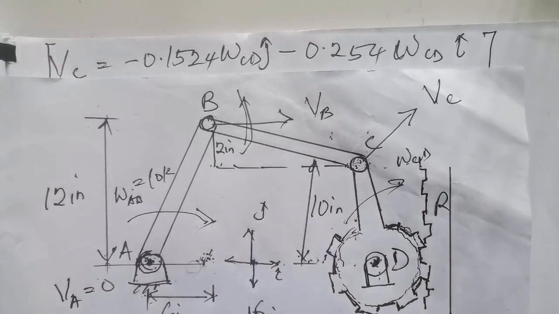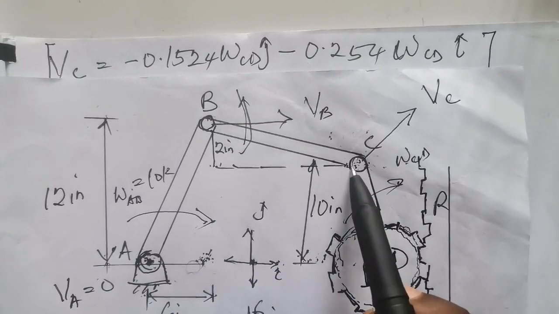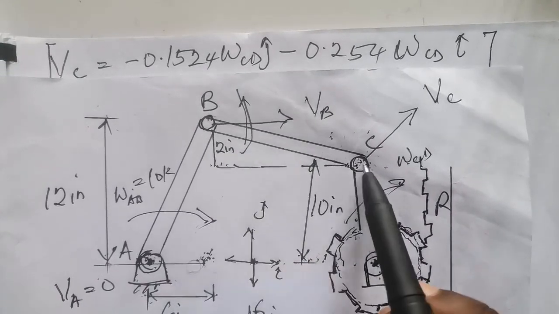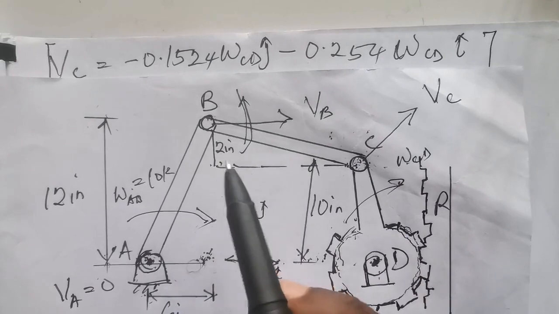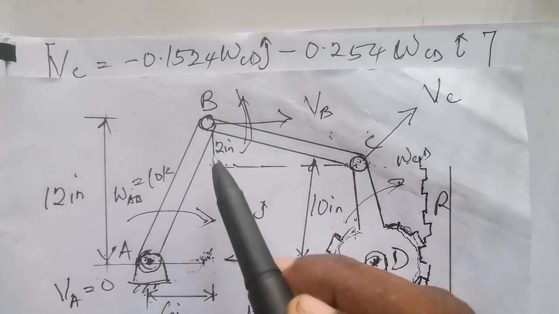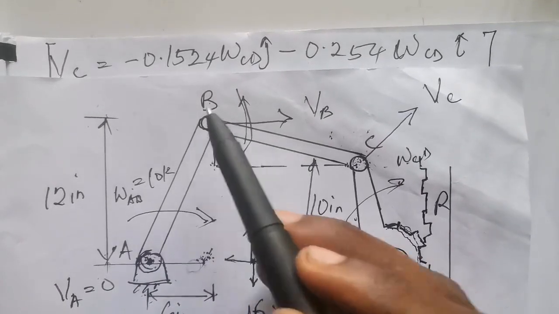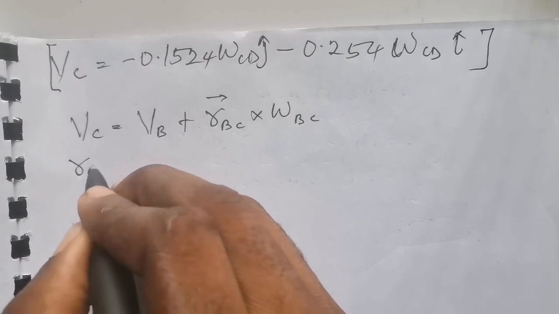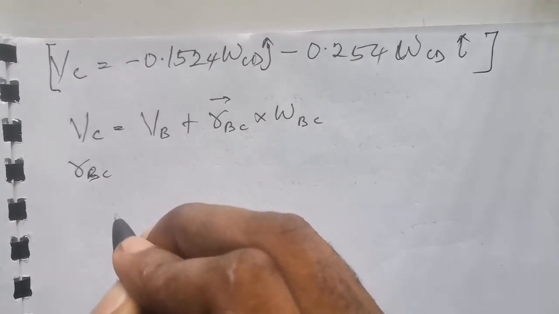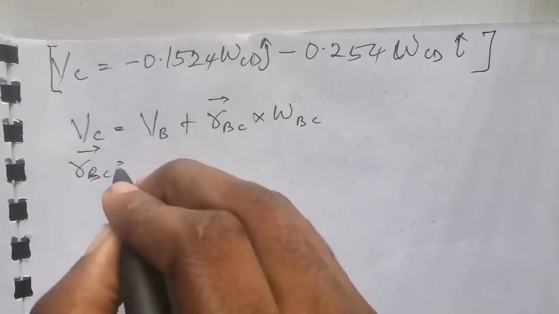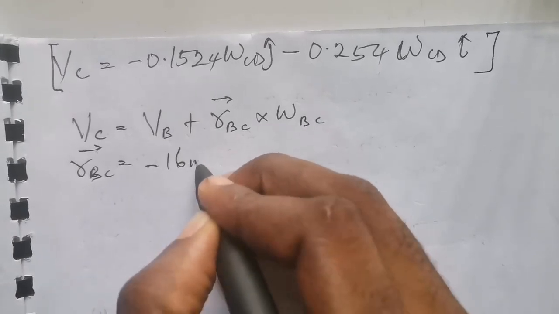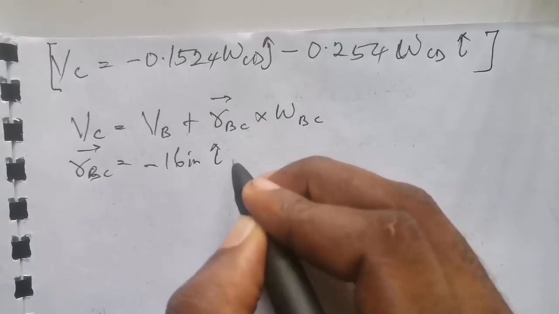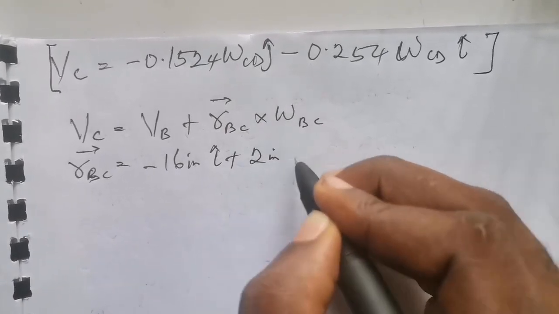And this distance was given here as what? 16 inch. So which means I am moving negatively in the x direction, which is minus 16 inch in the I direction. Then I'm moving vertically upwards, covering 2 inch. So plus 2 in the j direction. So therefore, the position RBC, okay, is going to simply be equal to minus 16 inch in the I direction plus 2 inch in the j direction.